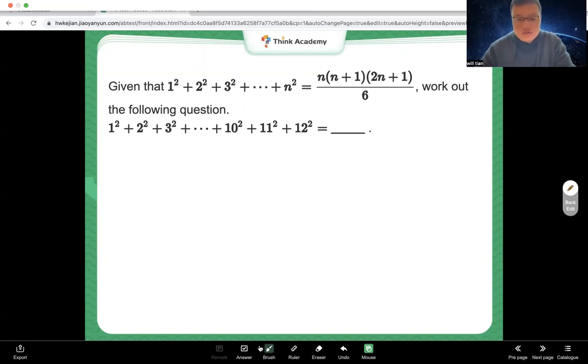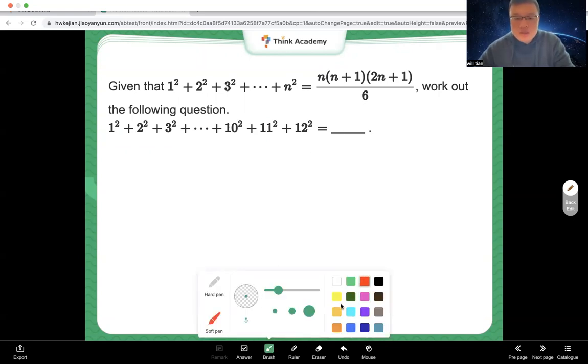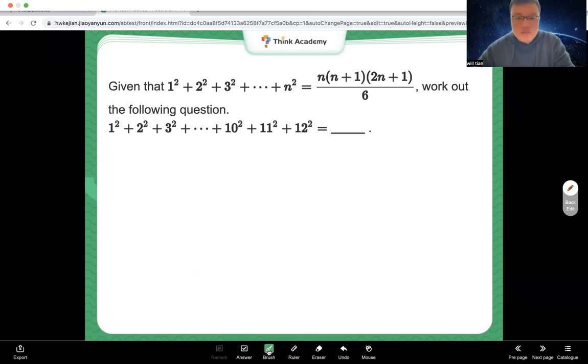But you have to know how to use this formula, okay? So if you have numbers starting from 1 all the way to n squared, the sum of all the numbers will just be this formula. You have 6 in the denominator, and in the numerator, that will be n times n plus 1 times 2n plus 1.